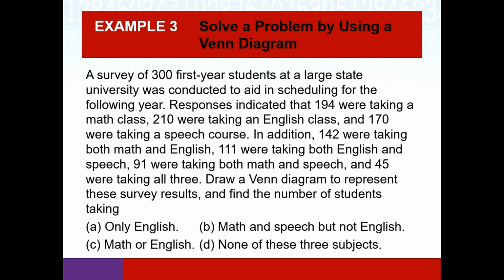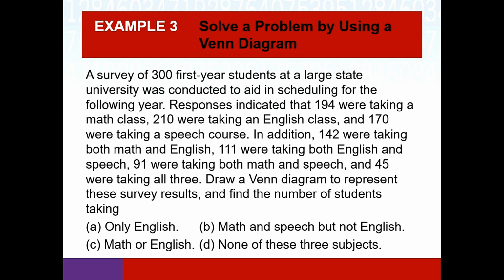Okay, so now let's consider a problem. A survey of 300 first-year students at a large state university was conducted to aid in scheduling for the following year. Responses indicated that 194 were taking a math class, 210 were taking an English class, and 170 were taking a speech course.